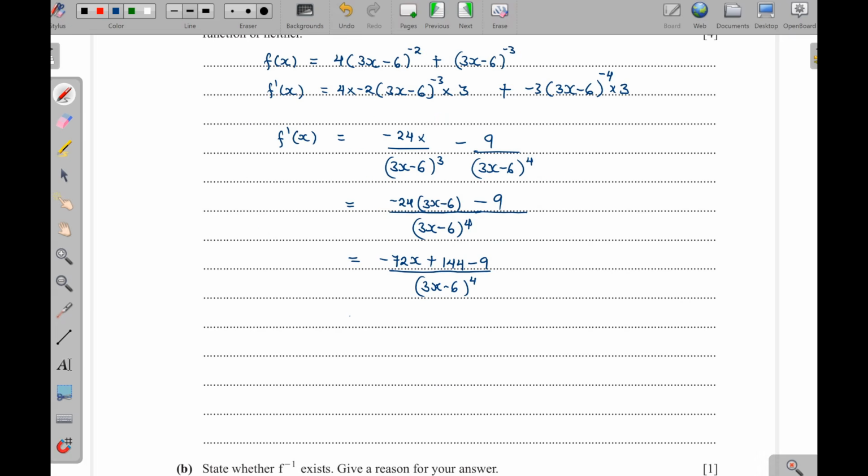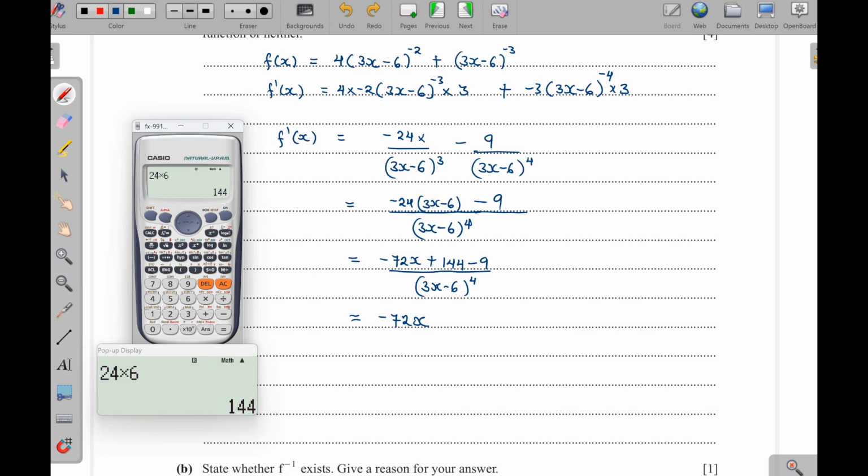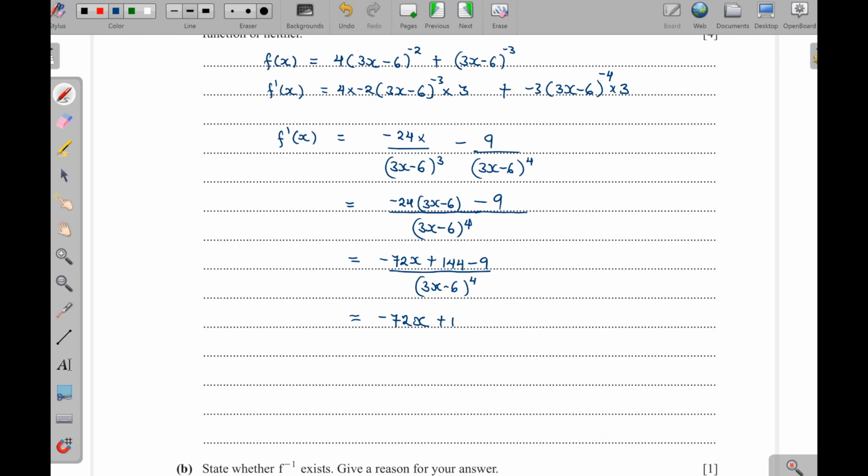And then we have negative 72 of x. 144 minus 9, what do we get? We get 135, so plus 135. Then out of (3x minus 6) to the power of 4.